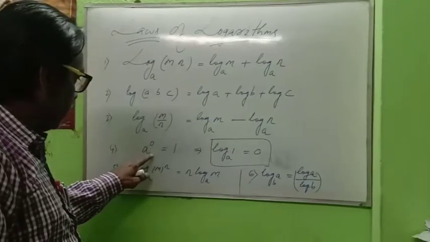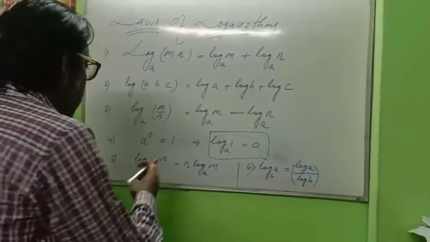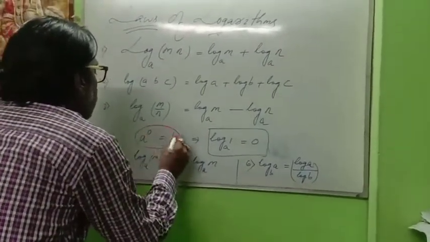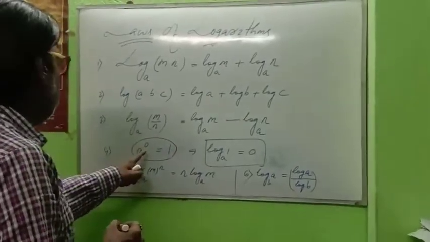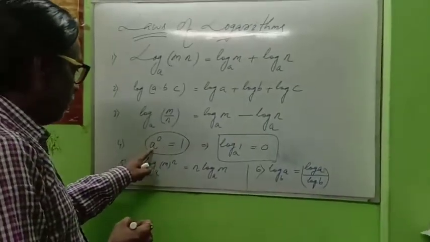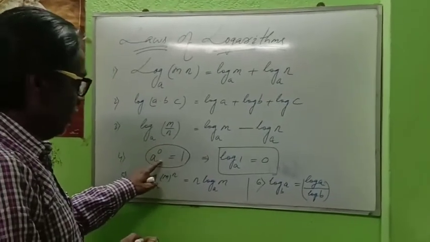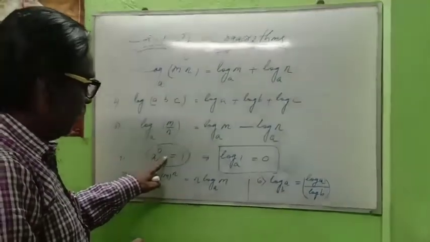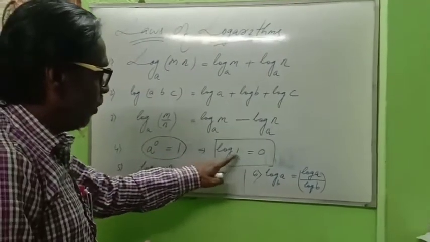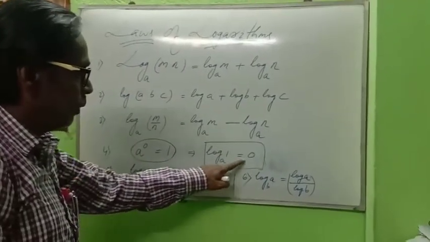If anything to the power 0, in case of exponential form, the answer is 1, whatever the base may be. 5 to the power 0 is 1, 7 to the power 0 is also 1. That means log 1, whatever the base may be, is always 0.